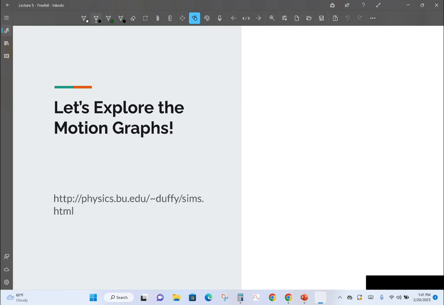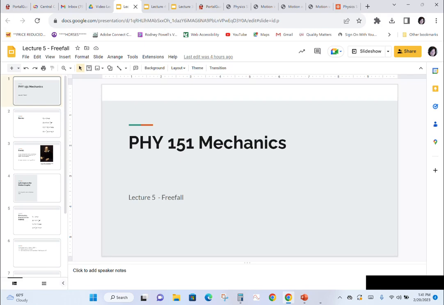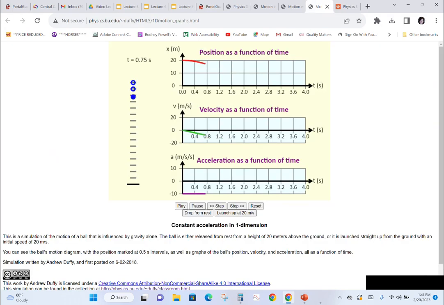So let's look at the motion graphs to start with. You've already seen this one before, and this is an object that is experiencing free fall. The ticker tape shows an object whose dots are getting more spread apart every second, so the acceleration is in the negative direction.